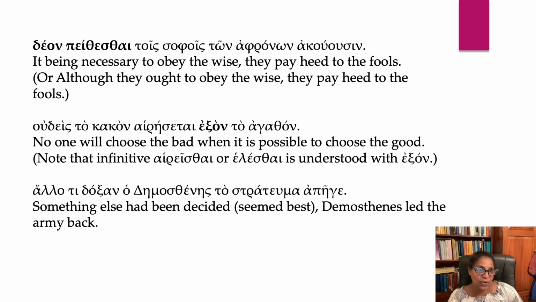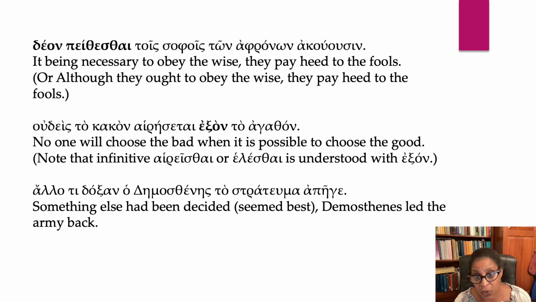Tois sophois peithesthai, to obey the wise. So if it is necessary to obey the wise, or it being necessary to obey the wise, although it is necessary to obey the wise, they pay heed to fools, right? So they listen, akouousin, to fools.